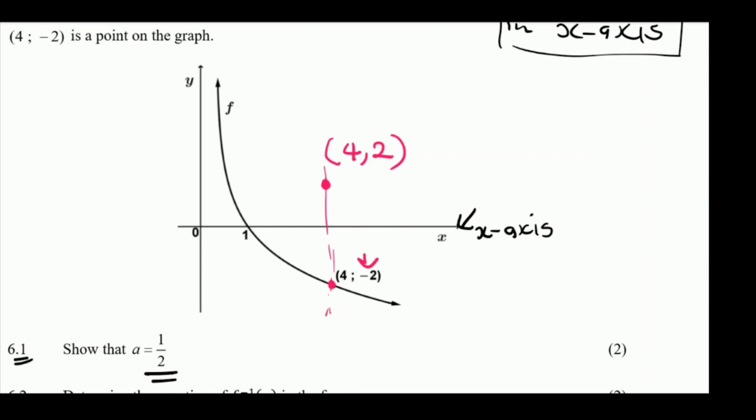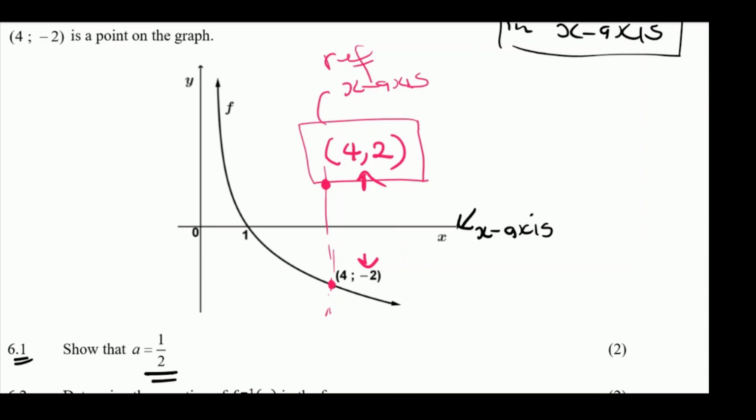So the y was negative 2 here, but now it's positive 2, right? So you're going to use these coordinates now, because they are a reflection about the x-axis, to find the equation of h of x.